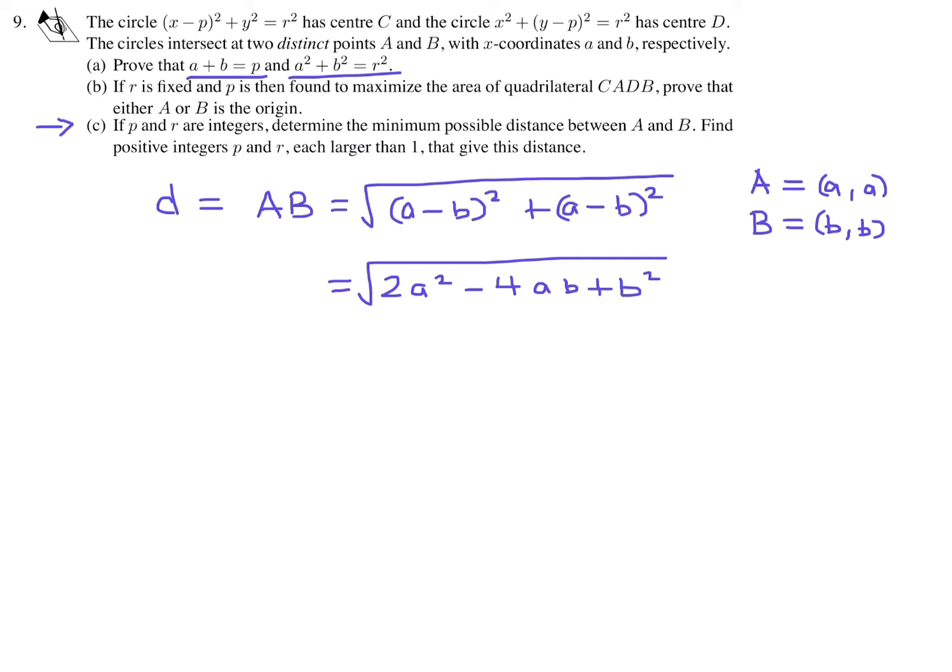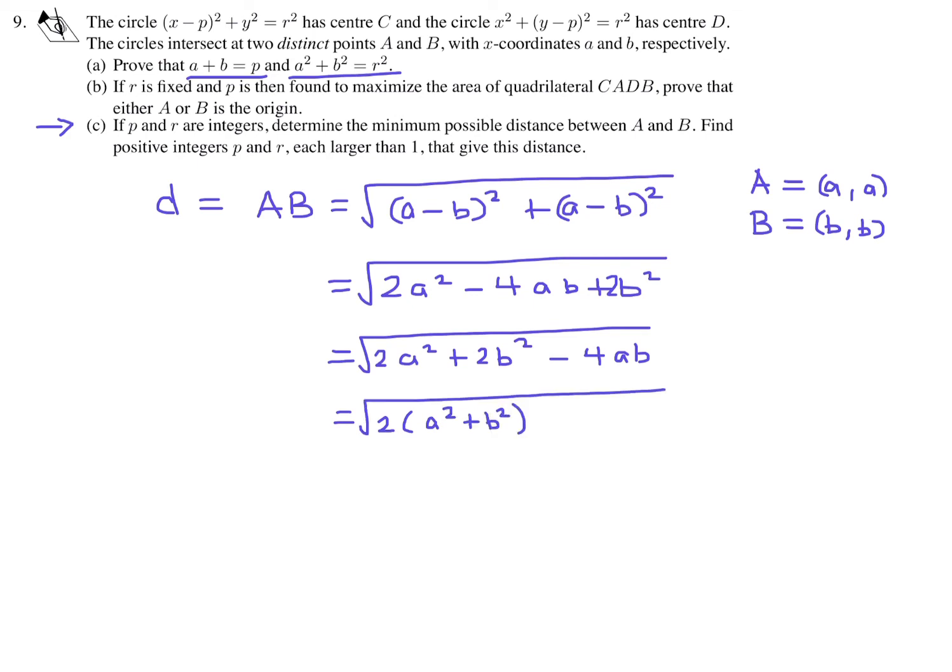We are going to use the fact that a squared plus b squared equals r squared. So we've got 2a squared plus 2b squared, and we've got minus 4ab like that, all under the square root sign. And we factor out the 2 and get 2 times (a squared plus b squared) minus 4ab.